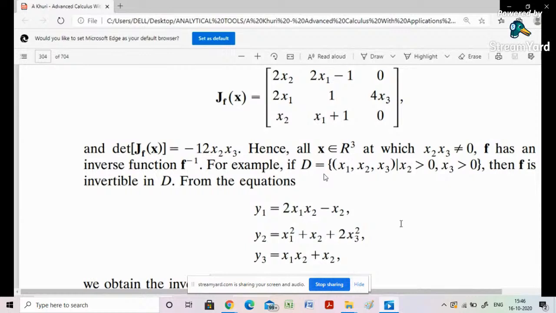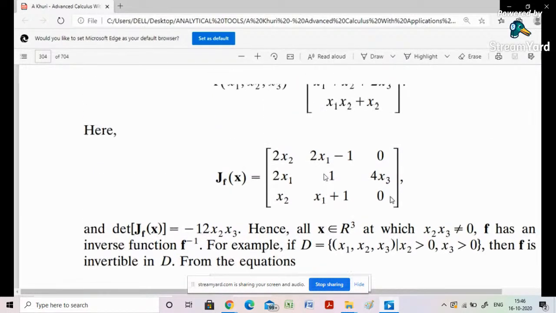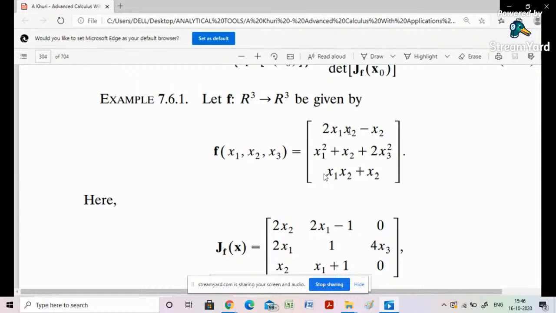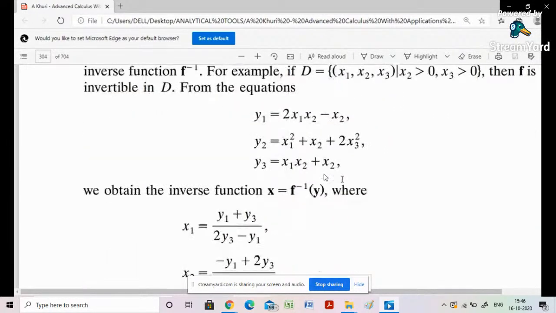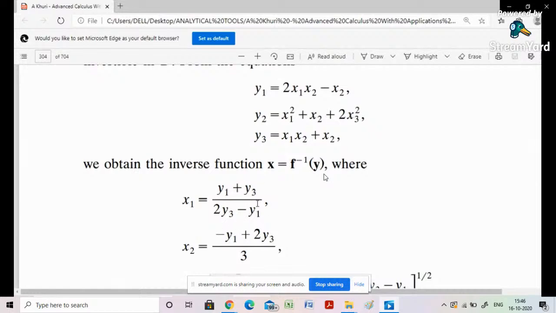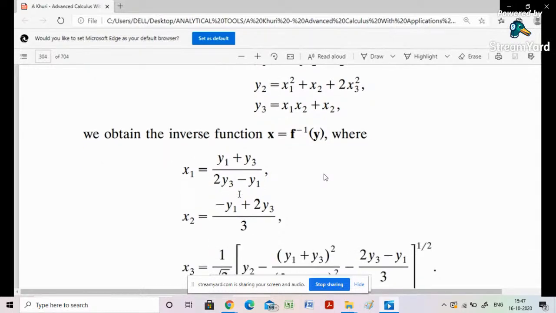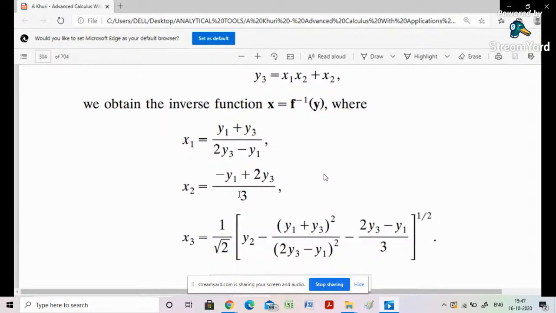By the theorem we can find the inverse. We can find it from these formulas. This is y1, y2, y3. We can put that here, and using some rearrangement, we can obtain x1 equal to y1 plus y3 divided by 2y3 minus y1, and x2 equal to minus y1 plus 2y3 by 3.